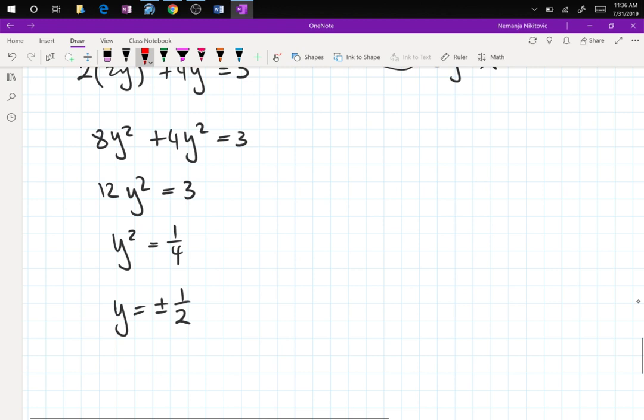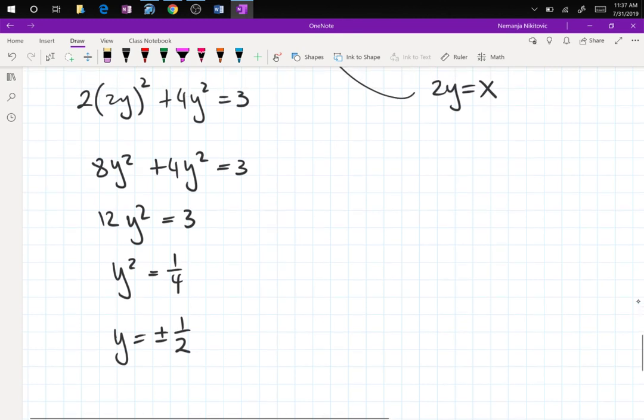Square root both sides, and put plus minus, right? You know how many times you forget this? It kills either half or more than half of your solutions. So if you square root both sides, you have to put plus minus on one of them. So we have plus minus 1/2 on the y.